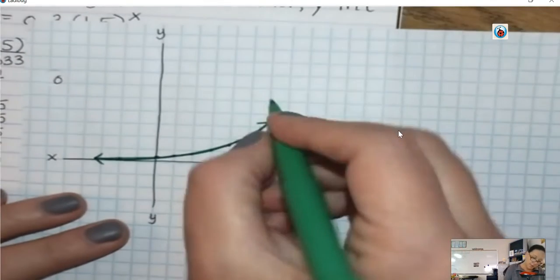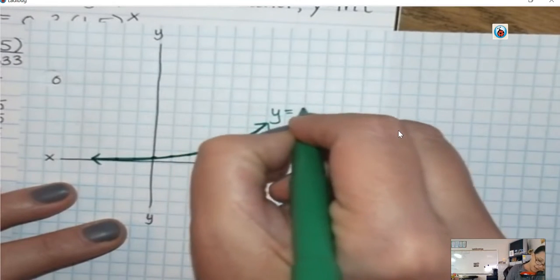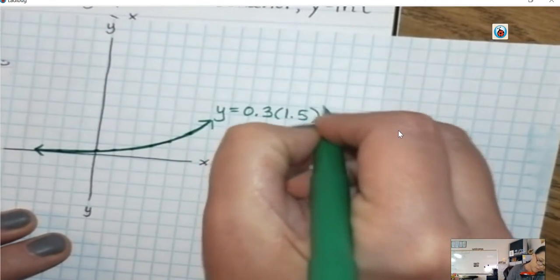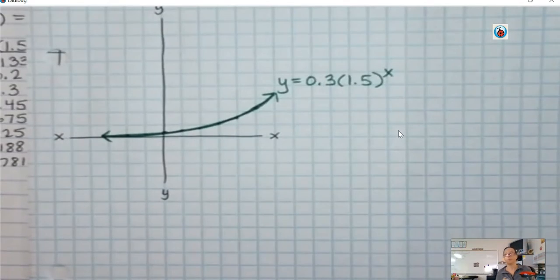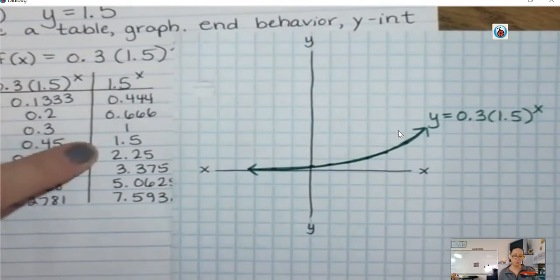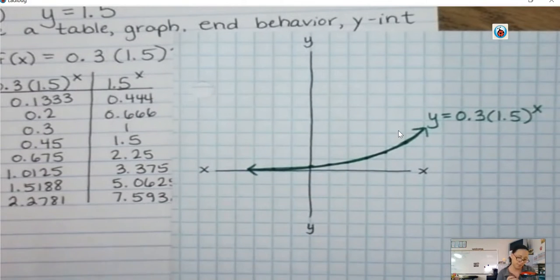Okay, so the graph I just did is for the one that has the 0.3 on it. And then on the same graph, here is what our original 1.5 graph will look like.